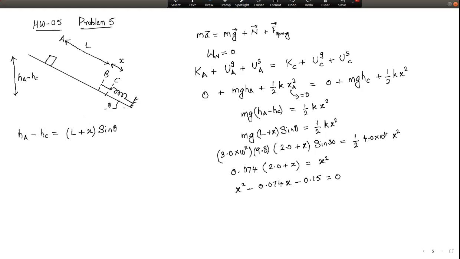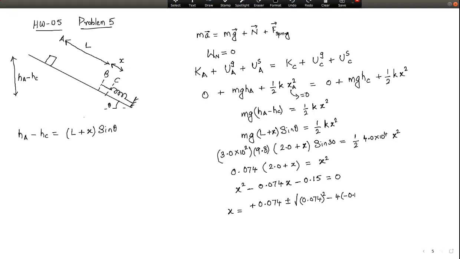So x is equal to plus or minus, and this plus 4 AC, or maybe I should say minus of 4 times a, which is 1, times minus 0.15.